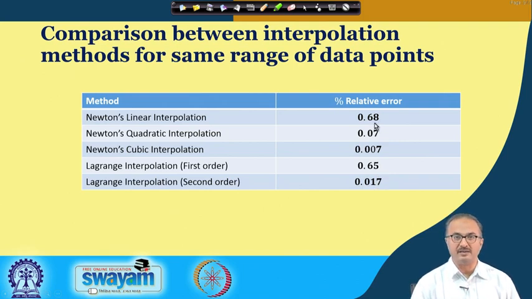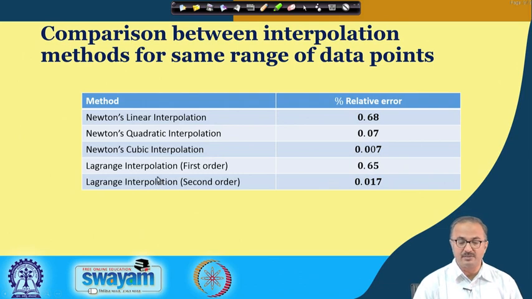So what we are finding, for example, in Newton's interpolation methods, is that as we increase the order of the interpolation, we are able to decrease the percentage error. But at the same time it is coming at the cost of computation effort.